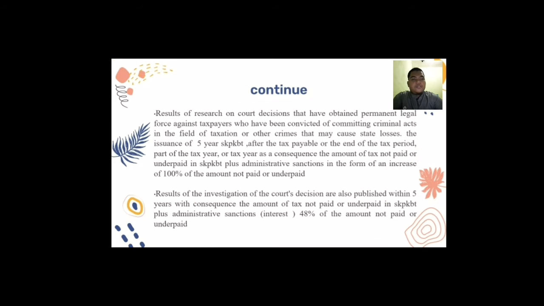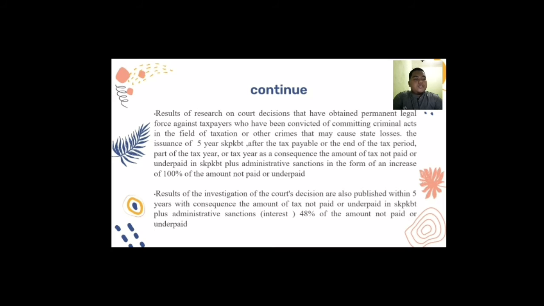Two is the result of research on a court decision that has obtained permanent legal force against a taxpayer who has been convicted of committing criminal acts in the field of taxation or other crime that may cause state loss. The issuance of SKPKBT is within 5 years after the tax payable or the end of the tax period, part of the tax year, or tax year.